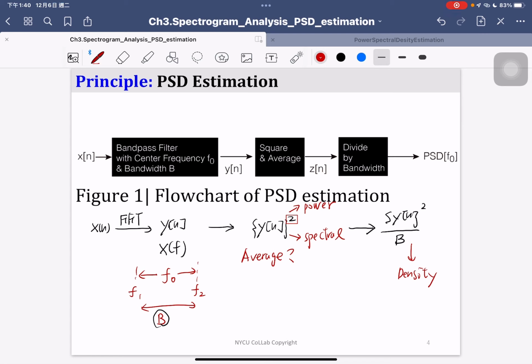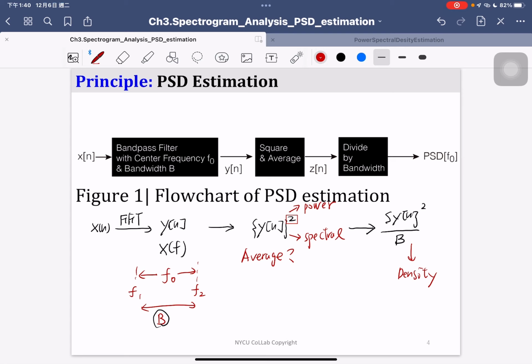So as I just highlighted some important things, when we see the square here, we can think the physical meaning is the power, because we take some amplitude squared. And what kind of amplitude do I compute the square of? This is the spectrum, the Fourier spectrum. After I compute the square of these items, we call that the power spectrum.